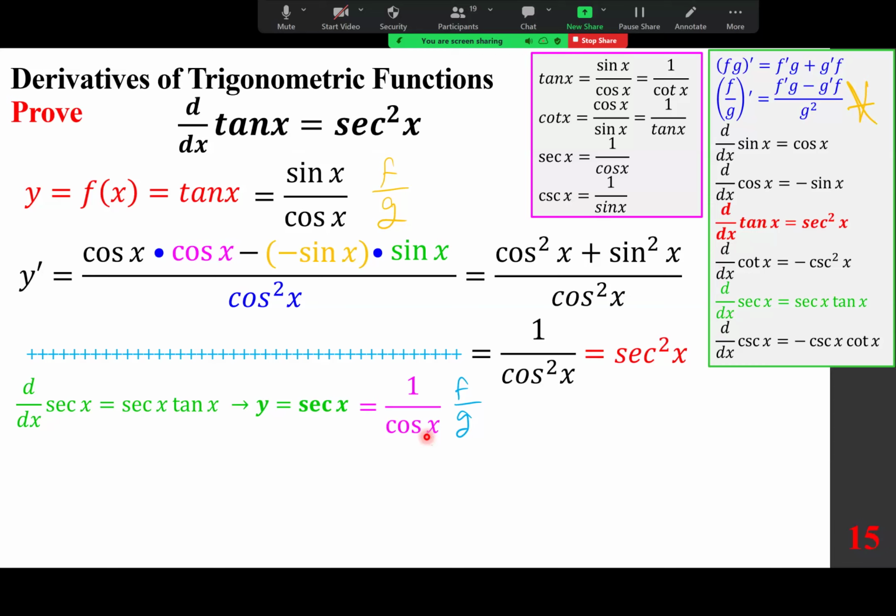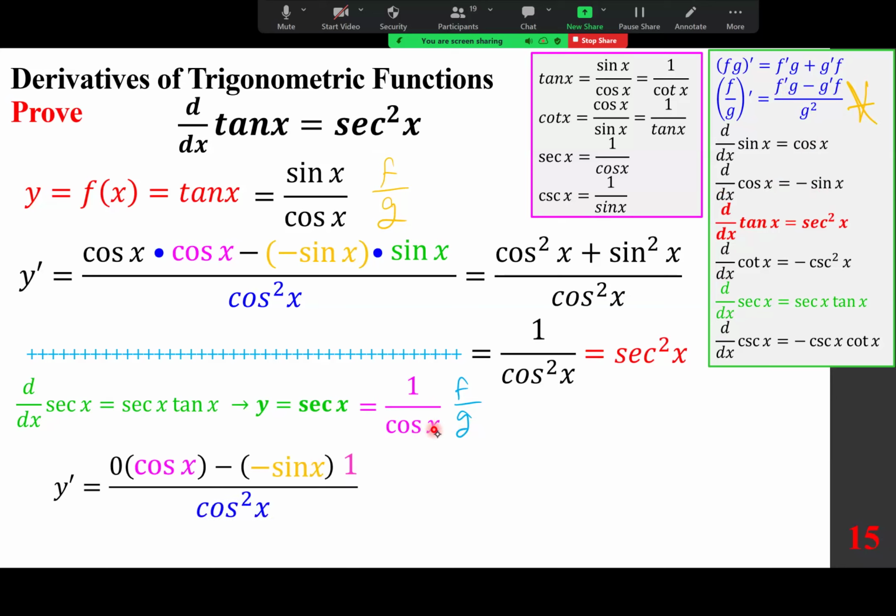So f prime g, the derivative of the numerator, any number, is 0, times cosine x, minus g prime f. G prime, the derivative of cosine, is negative sine, times f, the f function is just the number 1, over g squared, cosine squared x.